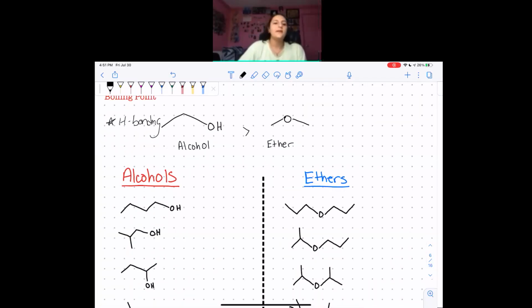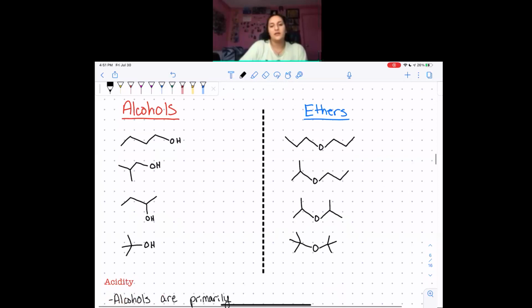And now when we're comparing different types of alcohols and different types of ethers, we need to consider something called branching. So the more branching, the lower the boiling point. The reason for this is the more branching we have, the less tightly packed we are.